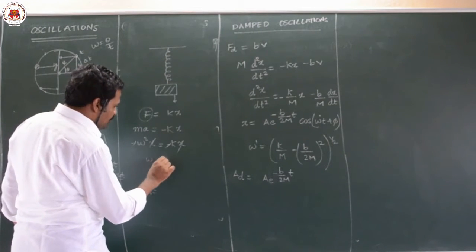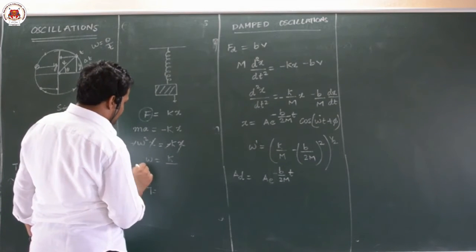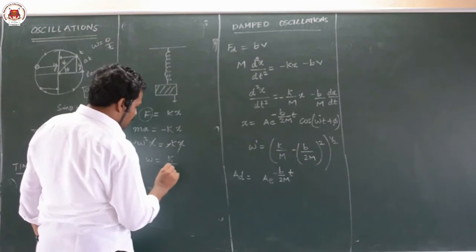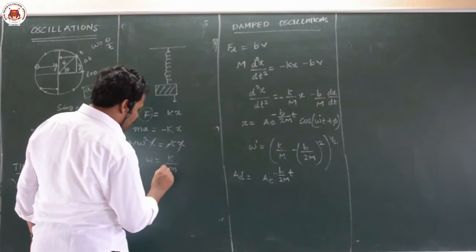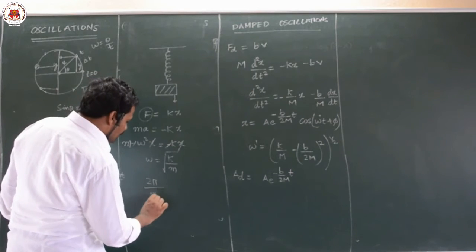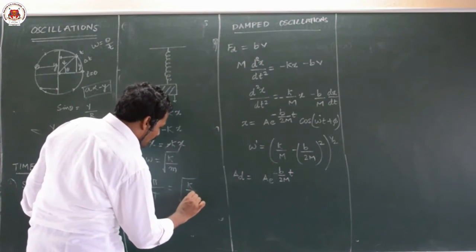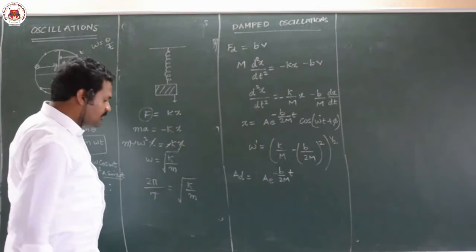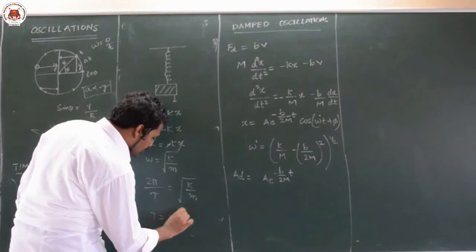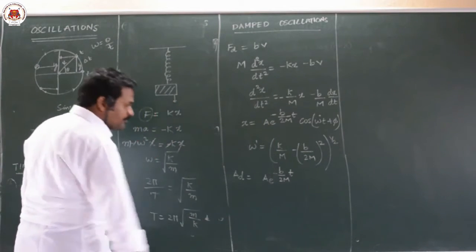Acceleration is multiplied with mass, so omega is equal to under root of k by m. This is 2 pi by T is equal to under root of k by m, and time period is equal to 2 pi under root of m by k.